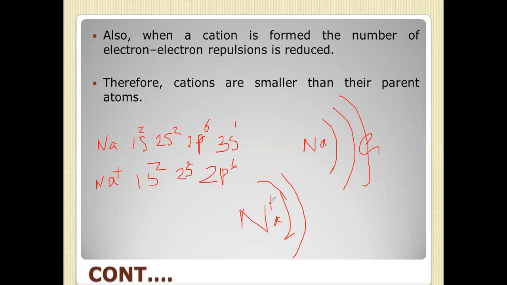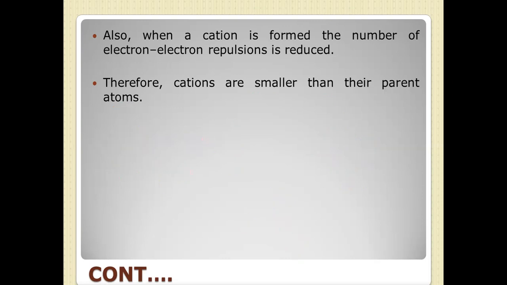Sodium plus is smaller in size compared to the parental atom. That's why the electron repulsion also reduces. Therefore, the cations are smaller than their parental atoms. Right? Okay, go for the next one.